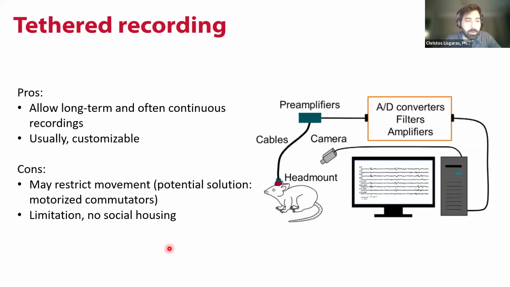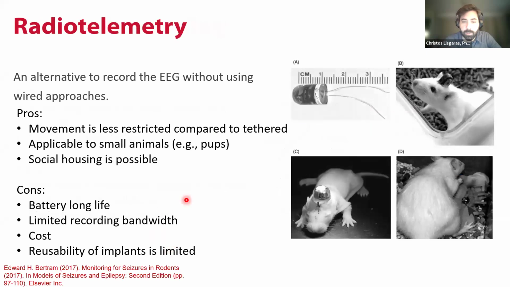So the other approach that people have used is called radio telemetry. It's an alternative to the tether recording that includes the use of a transmitter, and it doesn't use cables, in that the animal is freely moving, as you can see here, and the signal is either transmitted electronically to a computer through a transmitter, or it can be saved in the transmitter, and then you can recover the data.